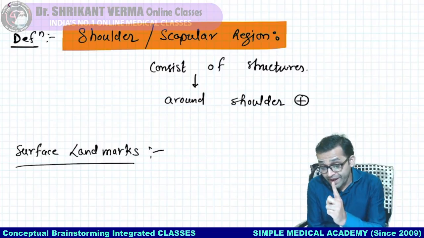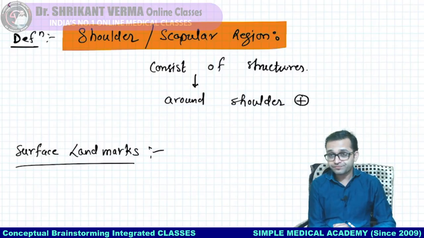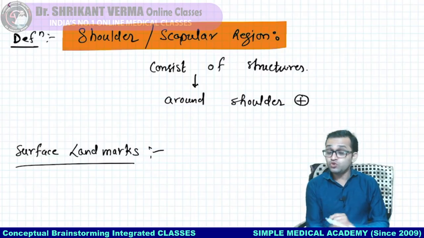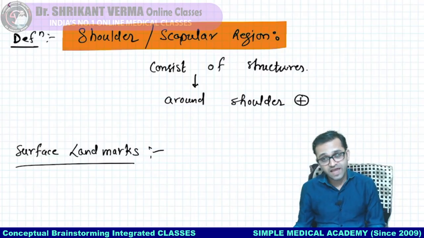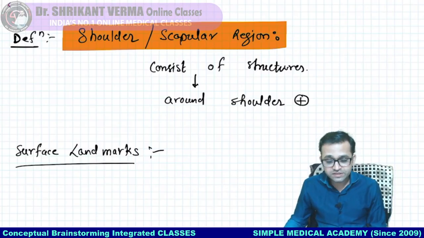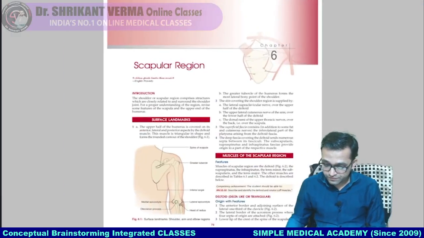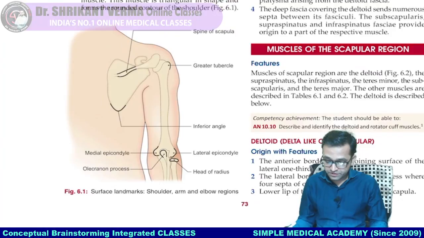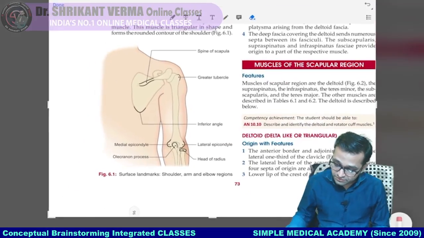Because when you are able to identify these structures at the shoulder area, only then will you be allowed to move the scalpel during an orthopedician's joint surgery. That's why you can follow the textbook for your study purpose, taking this image.